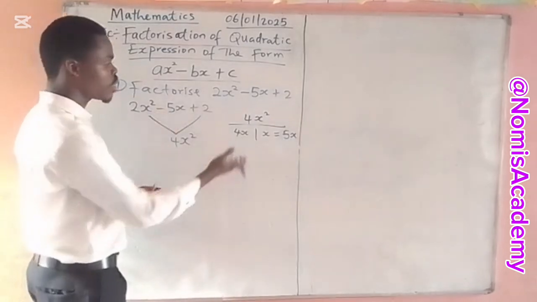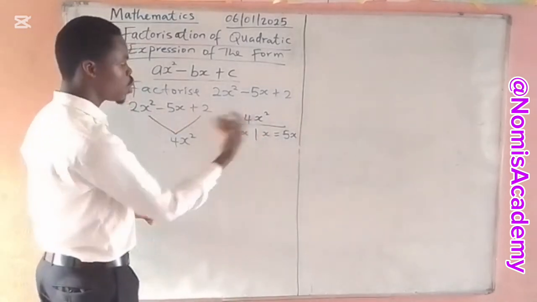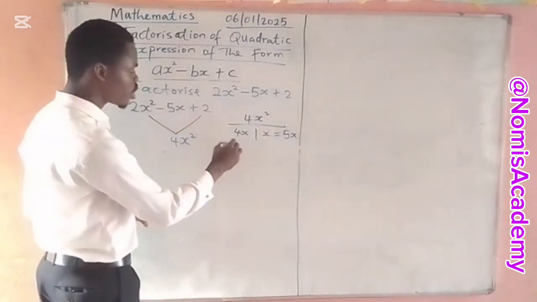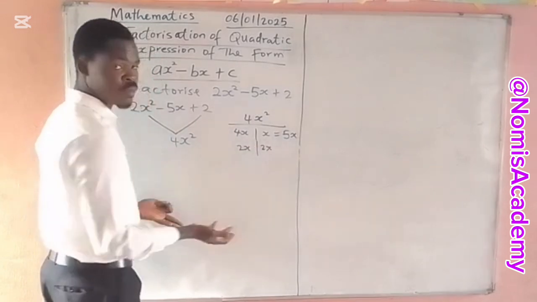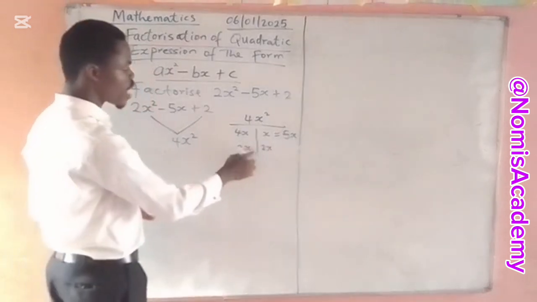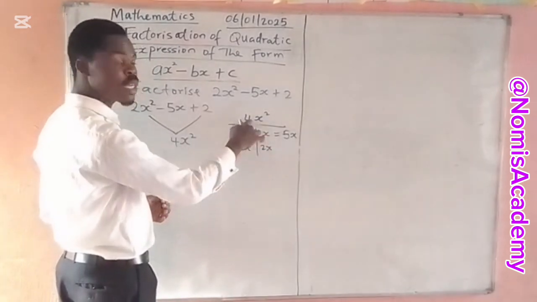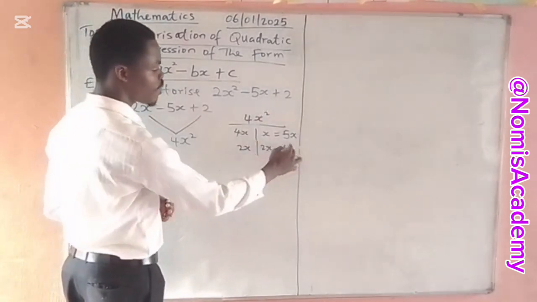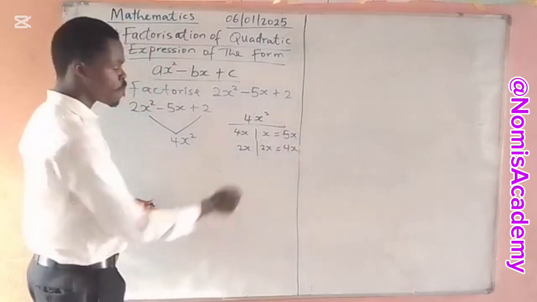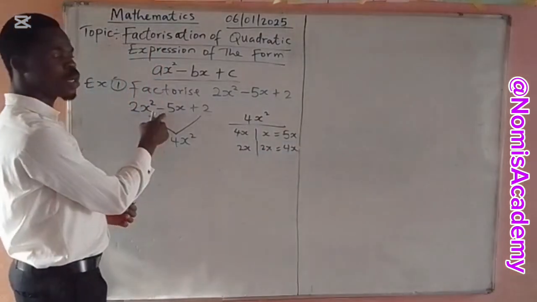So they are different. So these are not the factors. We go further to look for other factors. 2x and 2x. It's also a factor. 2x times 2x will give me 4x squared. The sum will be what? 4x, which is different from what we have here.